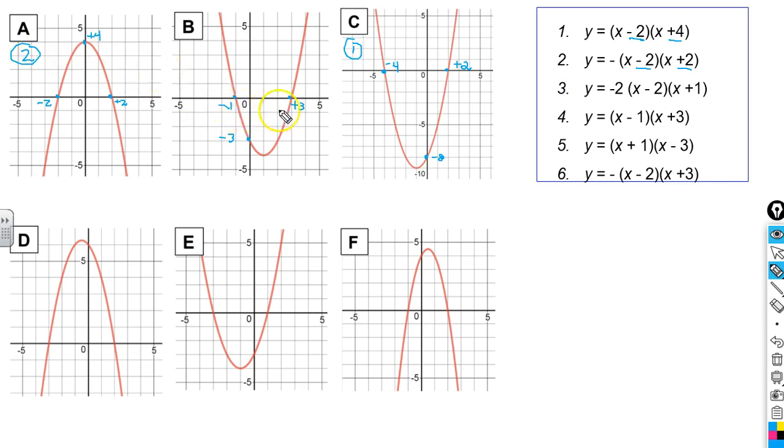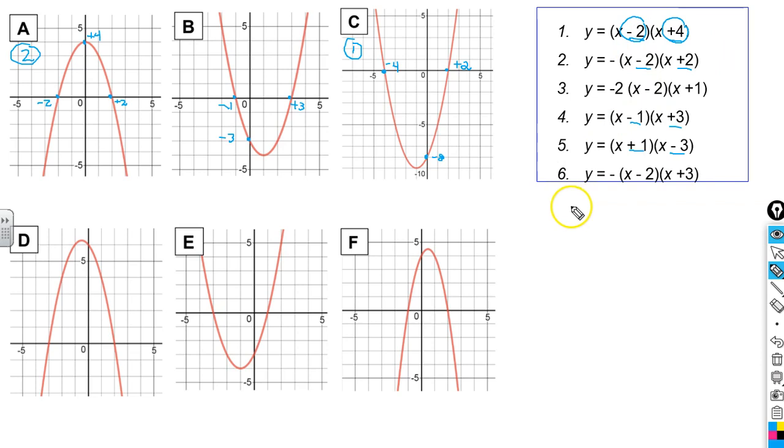And negative 1 and positive 3, well, we have two of those here. We have a negative 1 and a positive 3 here, and a positive 1 and a negative 3 here. So if we look back to C, the x-intercepts are negative 4 and positive 2. Notice how we have the opposite value here.